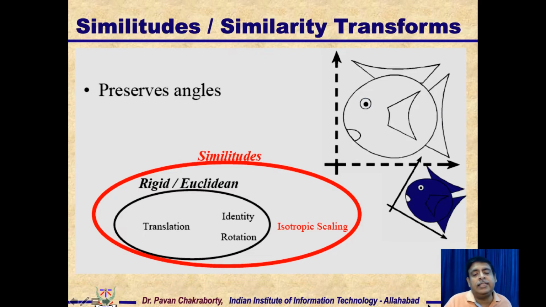If the x-axis increases by 2, y-axis increases by 2, z-axis increases by 2, and therefore the ratios of the sides remain constant. And since the ratios remain constant, the angles are preserved. Angle is nothing else but trigonometrically the ratios of the coordinates.